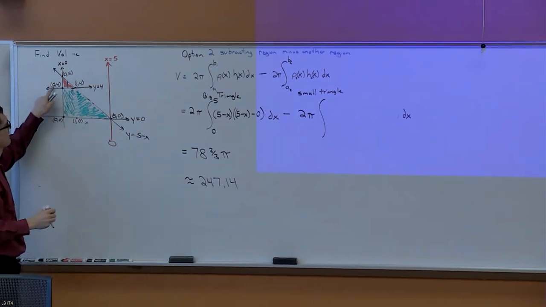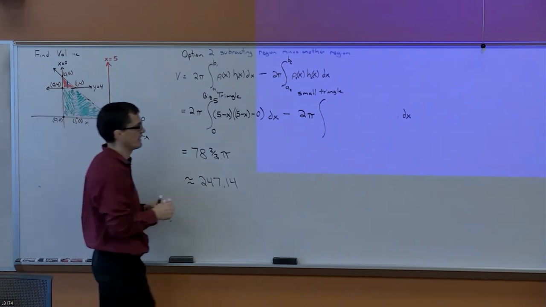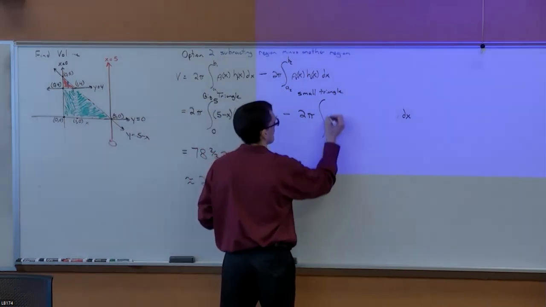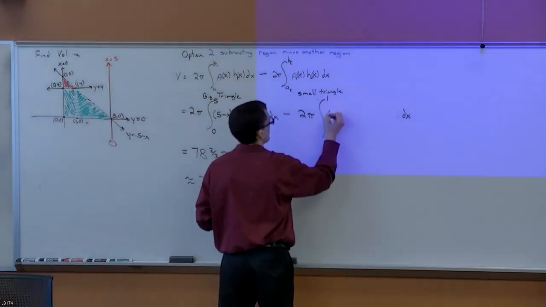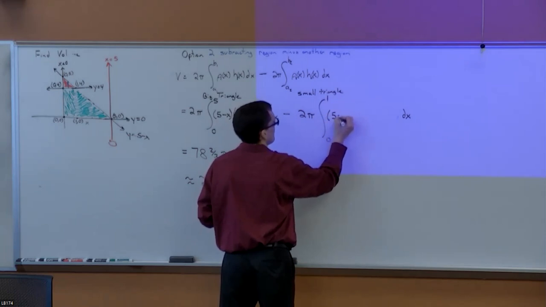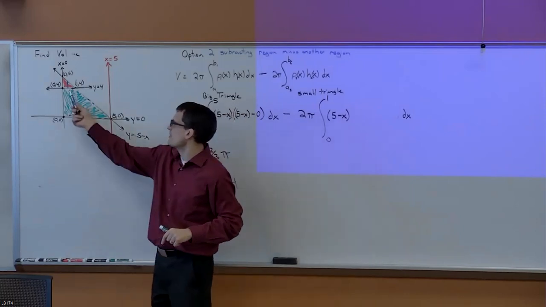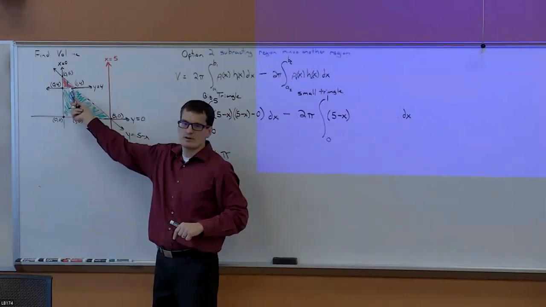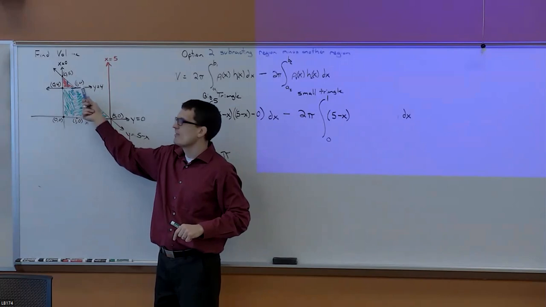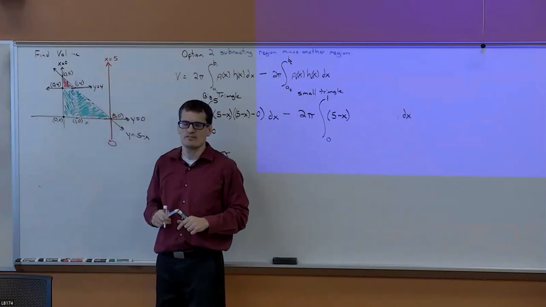I'm going to be integrating from 0 to 1 there. My radius, again, I'm at some arbitrary x value, rotating around x equals 5.